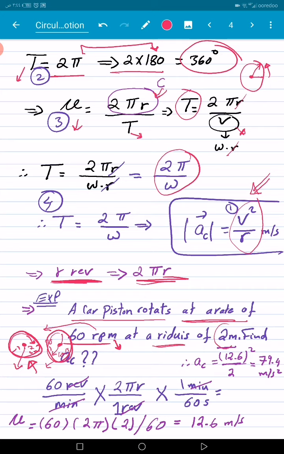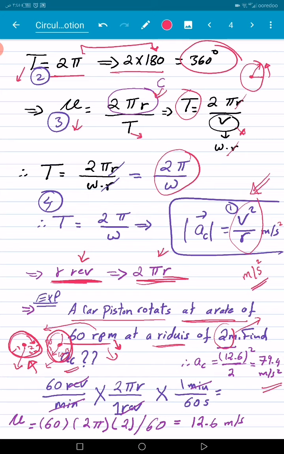At a radius of 2 meters, find the centripetal acceleration. So first of all, I must change the variables of the question to find the acceleration. The radius is given in meters, so I need the acceleration in meter per second squared. First of all, one revolution is equal to 2 pi.